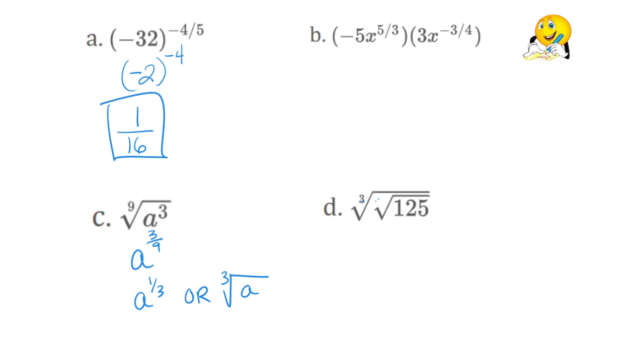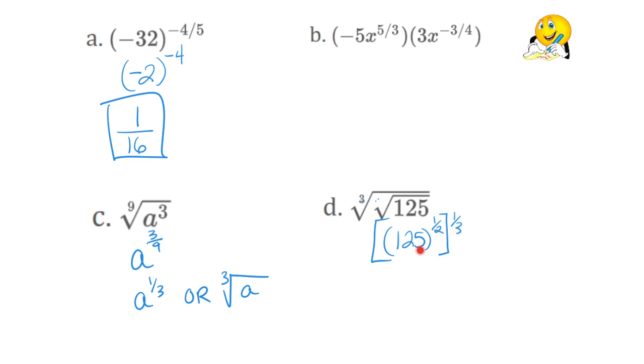What's really happening here is this 125 is being taken to the 1/2 power. That's what that square root is. But then that is also being taken to the 1/3 power because it's being cube rooted. I see here again that 125 is going to end up to the 1/6 power because I'm going to multiply those.